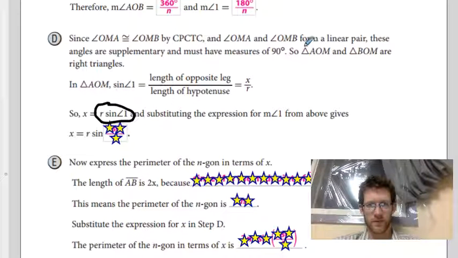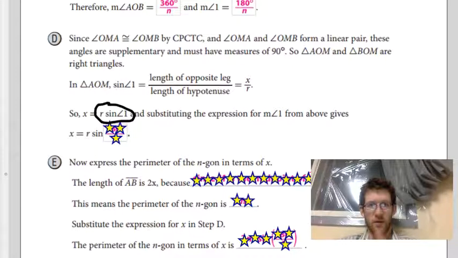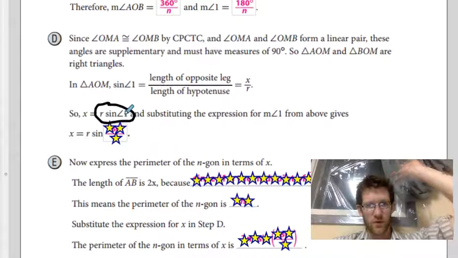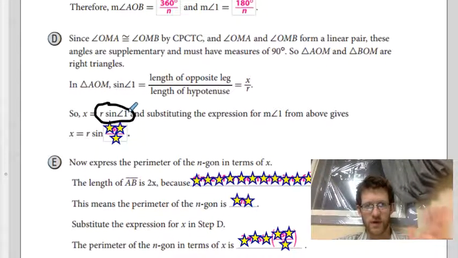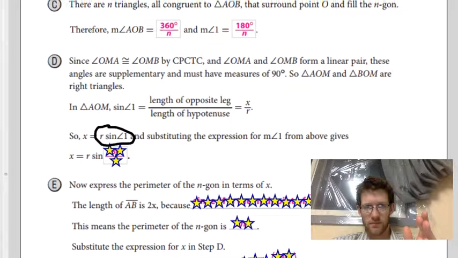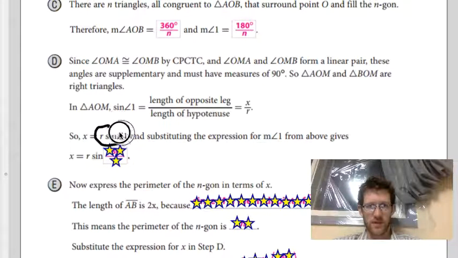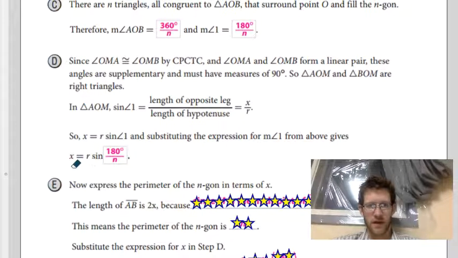We can go further than this, though. We have an expression for angle 1. You guys remember what that is? It's just right up here. Angle 1 is equal to 180 over n. So we can substitute in 180 over n for angle 1. And that gives us x equals r times the sine of 180 over n.